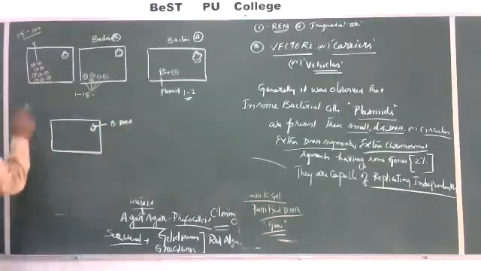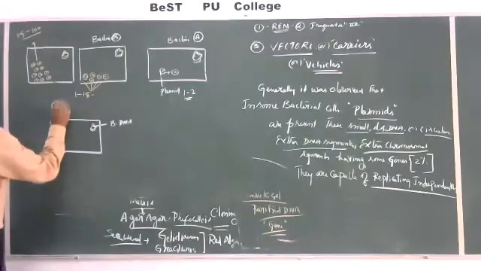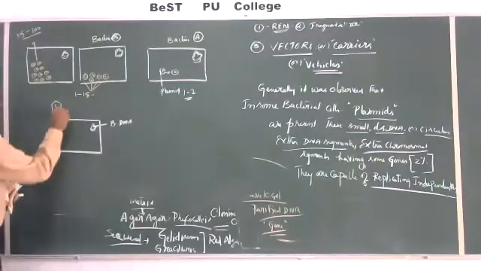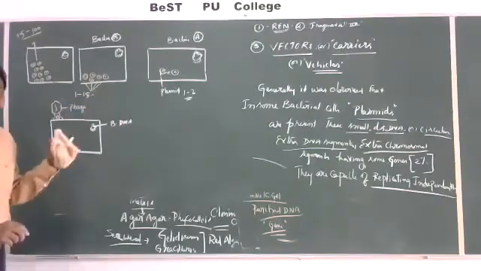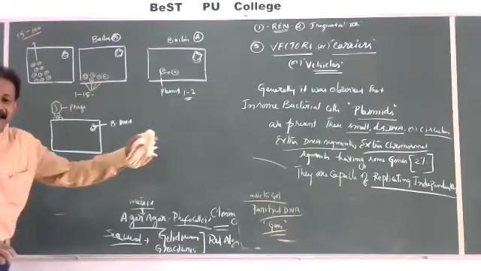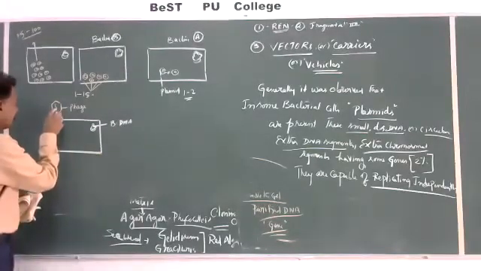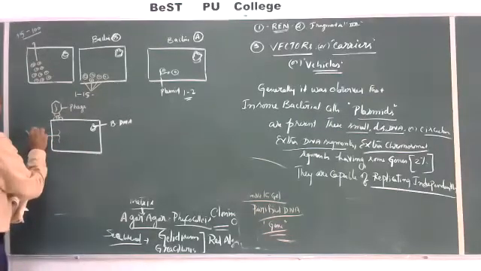When it is attacked by a phage, why are we calling this a phage? The virus which attacks bacteria is called a bacteriophage. When it attacks, it will send its DNA into the bacterial cell. This is called viral DNA.